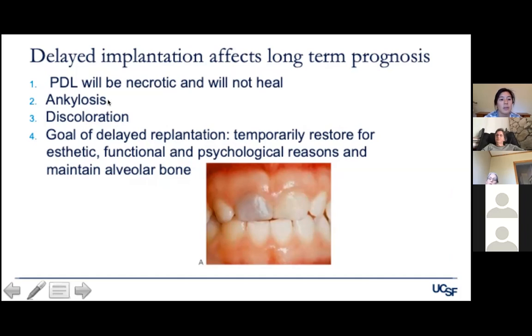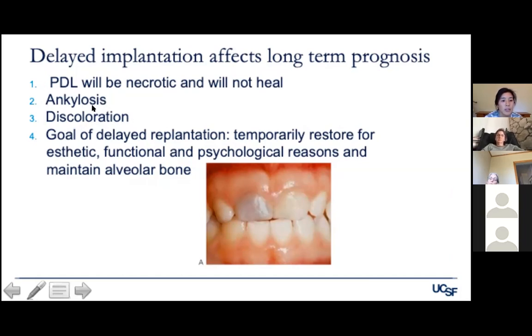So it will look misaligned in the arch, and also it can affect their function. So it's their speech, it can affect their ability to bite, and there's really nothing you can do about it. Like braces really won't move that tooth significantly.